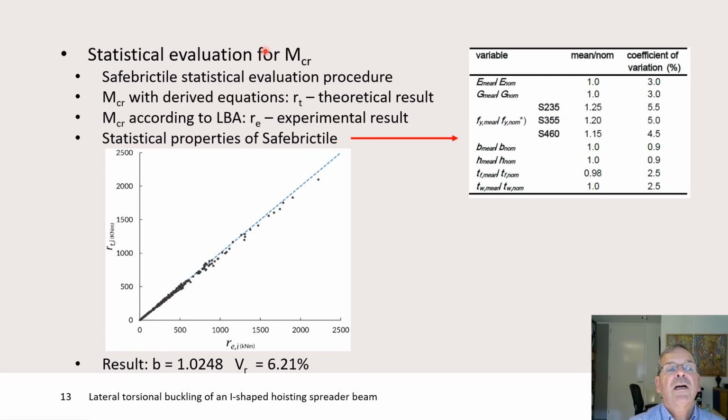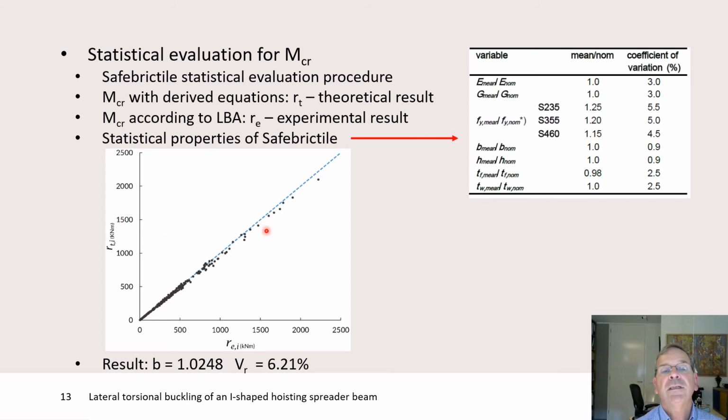We wanted to see how precise our evaluation was, and we used a statistical evaluation procedure for that, of Safe Brick Tile. M critical with the derived equations is the theoretical result, and M critical according to the LBA can be seen as an experimental result. And if you confront the two, you can see we are pretty close.